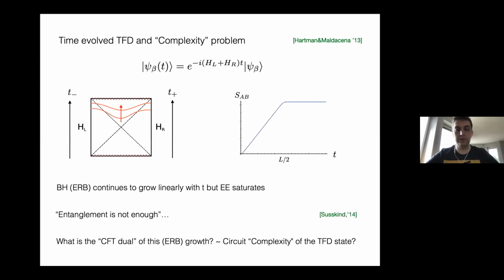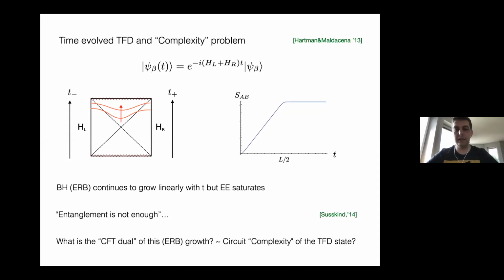So this motivated Lenny to state that maybe entanglement is not enough in our program of determining geometry from entanglement in AdS CFT, and we need something more. And he asked more precisely, what is the CFT dual of this Einstein-Rosen bridge growth in this thermofield double state that evolves with time?